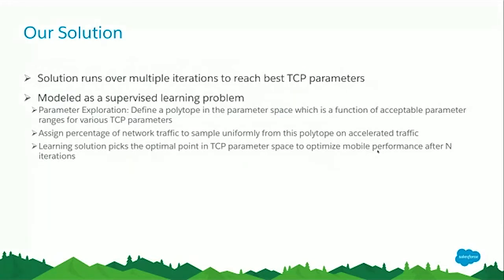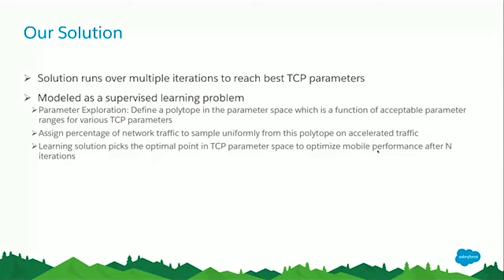So we define the ranges for these two parameters based on what we think is acceptable, and any point in this space is going to be an acceptable point. And we assign a fraction of the network traffic, which is assigned to accelerated traffic, to sample uniformly from this polytope.